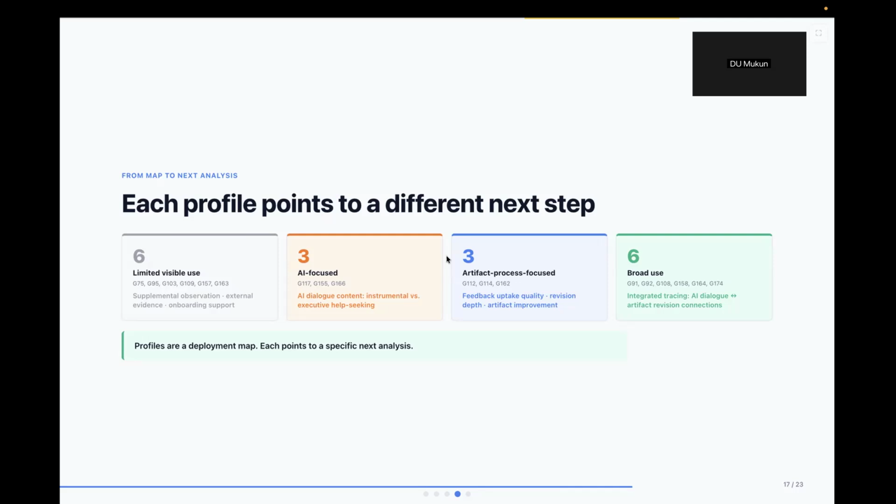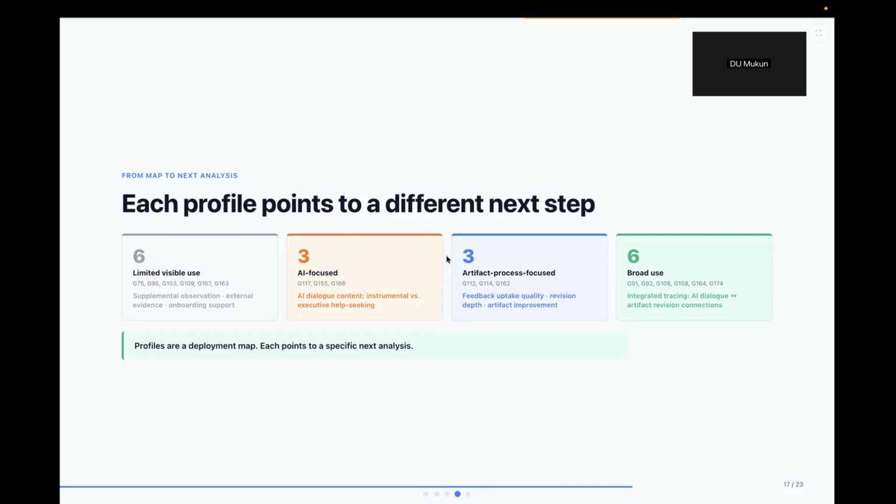Are they doing the group collaboration offline and face-to-face, or in what other ways? And for AI-focused groups, we can do a deeper analysis of the AI dialogue content, so that we could see whether it's instrumental or executive help seeking.